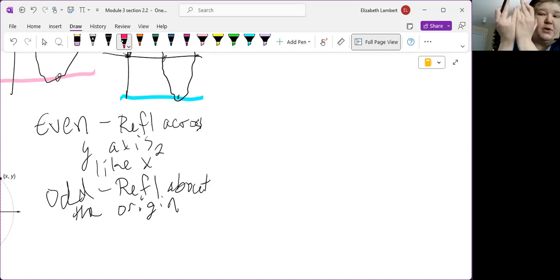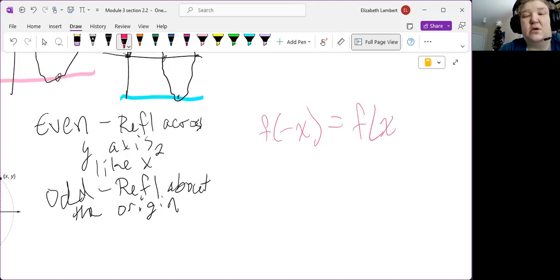And you imagine between my two hands, that's my y-axis. So if I go over to my third finger or to the other third finger, my x distance is either positive or negative. But to get up to that first knuckle joint, it's the same vertical distance. So these function values are going to be the same. Whether I plug in x or negative x, the height, where they go on the graph, will be identical. So the formulaic way we write this is we say f of negative x will equal f of x.